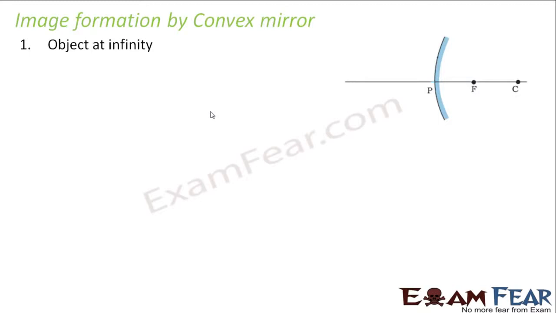So let us consider the first scenario where again we assume that the object is at infinity, but now the object is placed in front of a convex mirror. So convex mirror is a diverging mirror. That means the rays of light which fall on the convex mirror will always have a tendency to diverge, right? So let us consider this scenario where the object is at infinity.